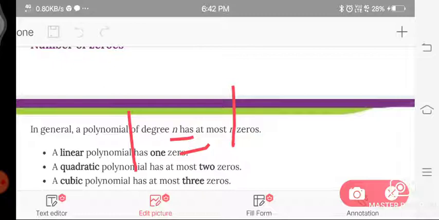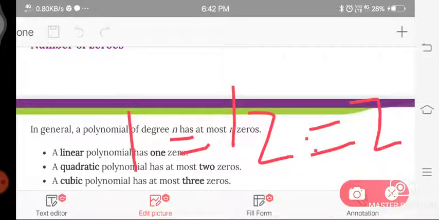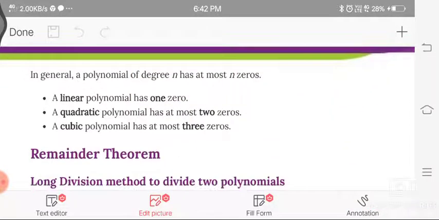If the polynomial is of degree 2, then it will have at most 2 zeros. So a linear polynomial has 1 zero, a quadratic polynomial has at most 2 zeros, a cubic polynomial has at most 3 zeros.